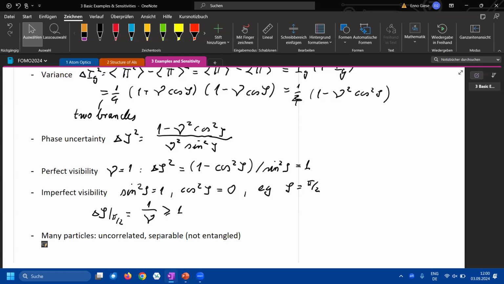I could write down projectors, a projector for each and every atom, and do the very same calculation just using an n-particle state.